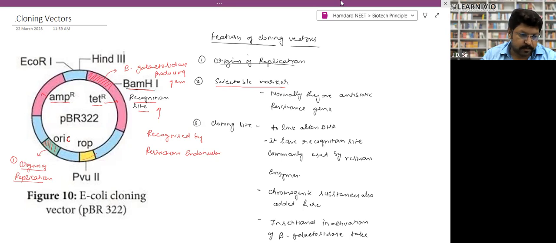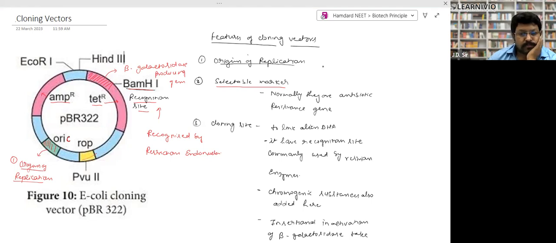Okay. So origin of replication is that part, or ORI, from where the replication of plasmid starts. Origin of replication has one more role. What is the second role of ORI? Now you have to tell me. Replication starts from here.